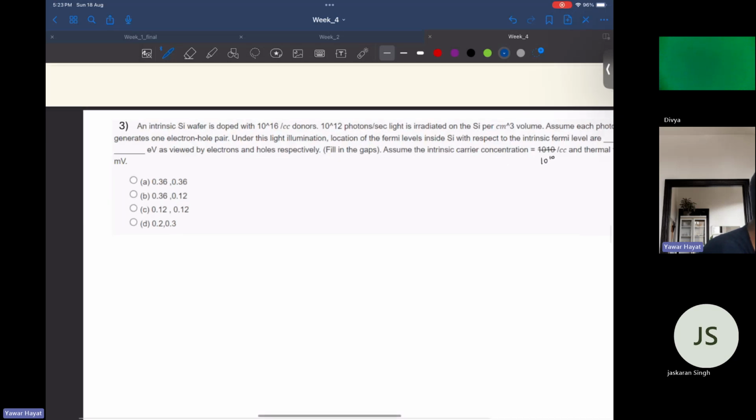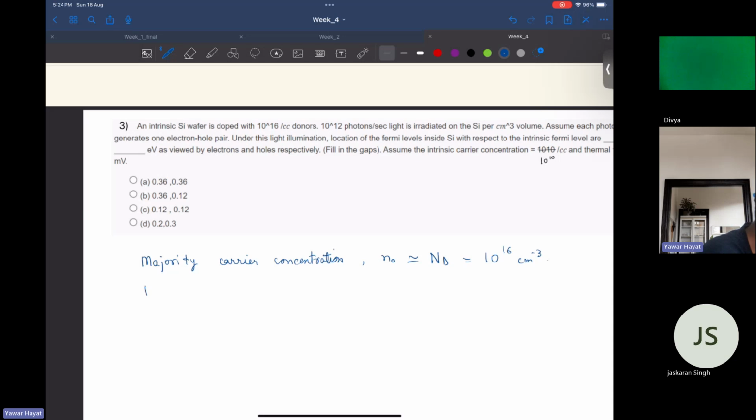So firstly, this is doped with donors, right? So what is the majority carrier concentration? Your majority carrier concentration would be N0, approximately your donor concentration, which is nothing but 10 to the power 16 per centimeter cube.